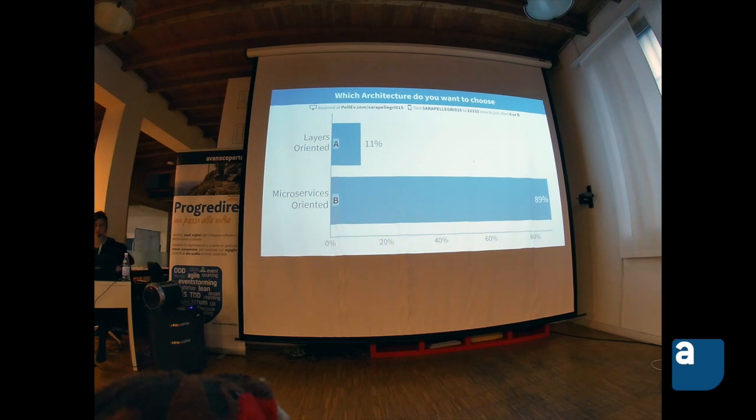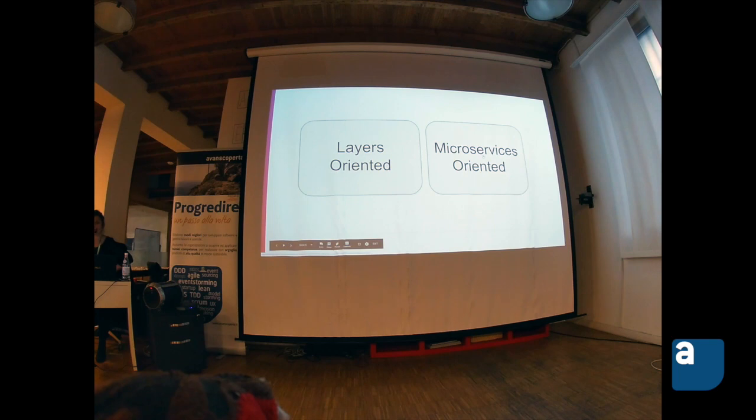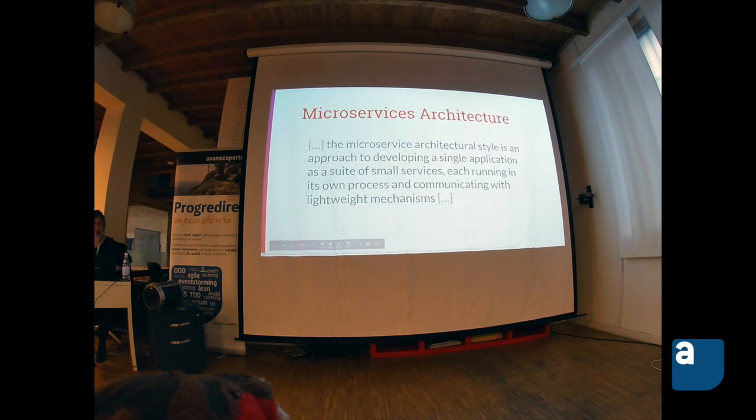Okay, so you chose a microservices-oriented architecture. Let's go for a microservices architecture. It's a good choice because anytime we have to face a complex domain, having microservices can help us, because the concept of microservices is a new way to face the complexity itself.